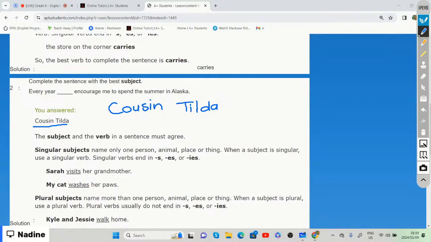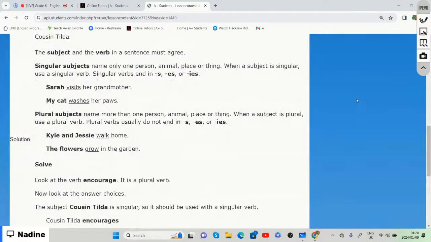Or encourages me to spend the summer in Alaska. So that is every year where Cousin Tilda encourages me to spend the summer.